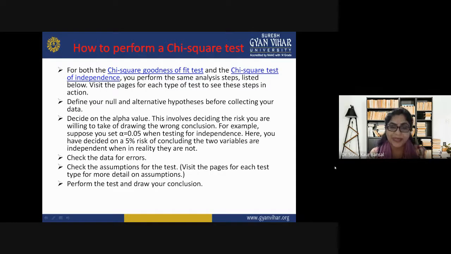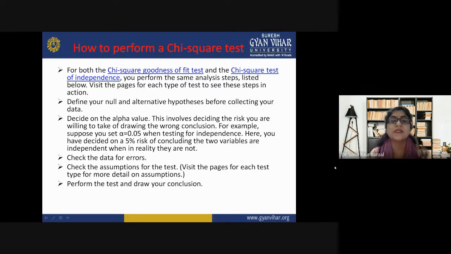So it is very necessary to define your null hypothesis and alternative hypothesis very clearly in words before collecting your data, and decide the alpha value also. The alpha value leads you to decide the risk you are willing to take of drawing a wrong conclusion.